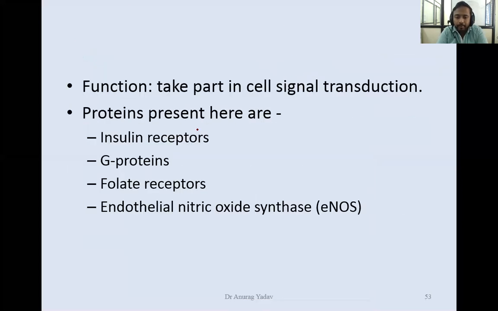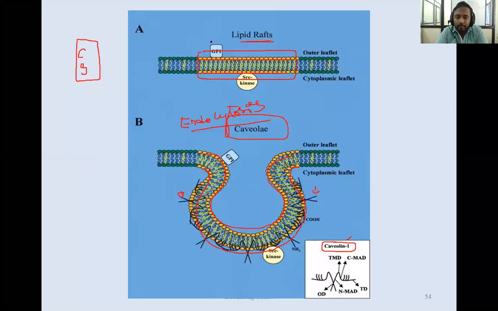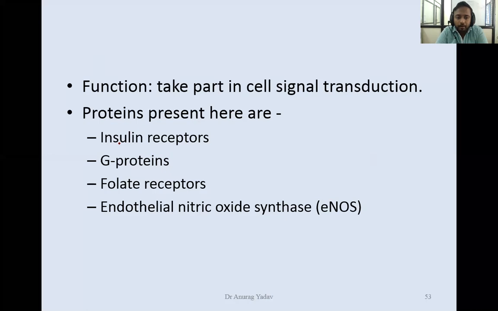What else? It helps in signal transduction. You can see G protein coupled receptors here, and also particular proteins, for example insulin receptors, are present in that area, G protein coupled receptors are present in such areas, folate or folic acid receptors are also present, and also the nitric oxide synthesis complex.